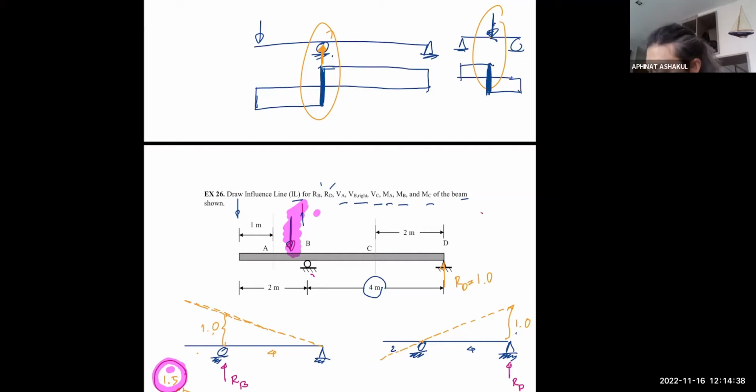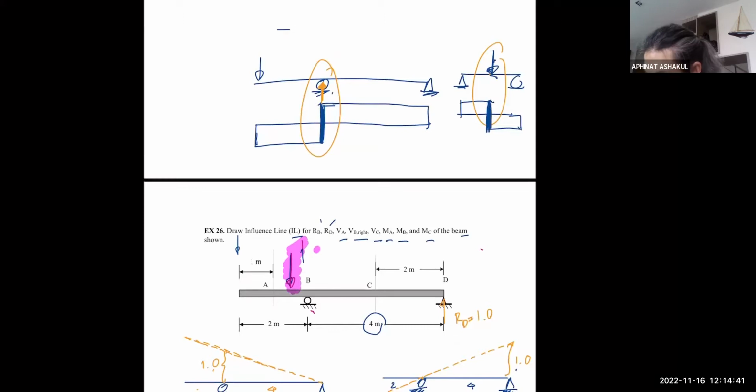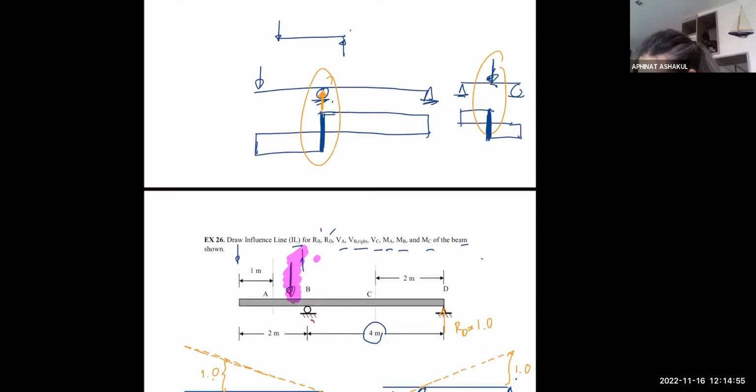Because now, if I draw the free body diagram before I reach the support, this is my free body diagram, right? Correct? Right? Yes. And when I draw the free body diagram just right after I reach the support, this is a reaction, and then I have the shear force slightly to the right, perhaps downward, right?